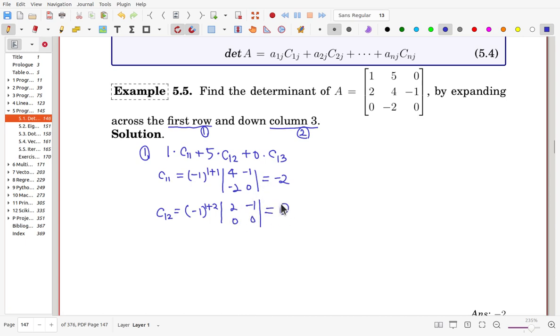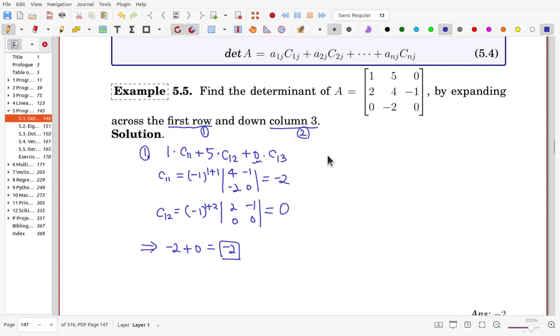The third term is 0 times C13, so we don't have to compute it because it makes no contribution. From these values, we can get the determinant: 1 times C11 is -2, and 5 times 0 is 0, so that is -2. We got the determinant using the expansion across the first row.